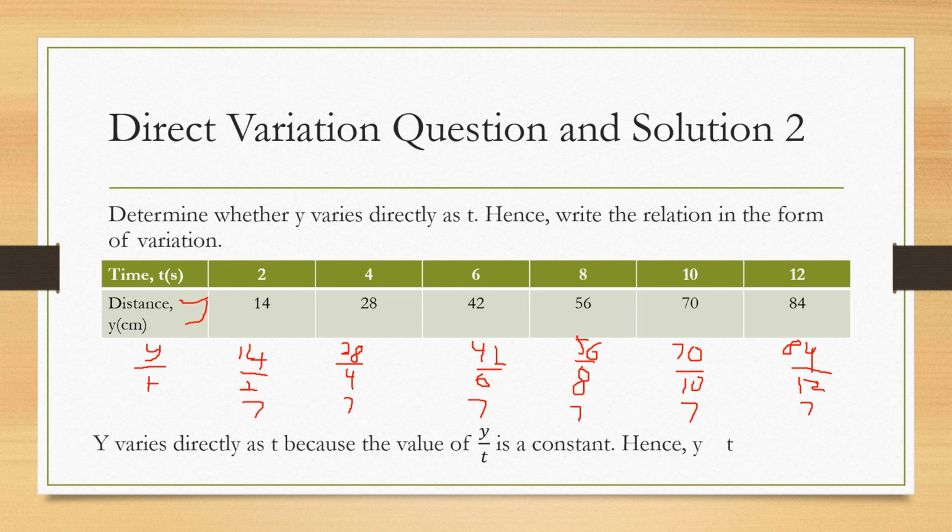And this would be the answer. y varies directly as t because the value of y over t is a constant. As you can see here, all the answers are 7. So you could say that the answer for y over t is constant. Hence, y varies directly with t.